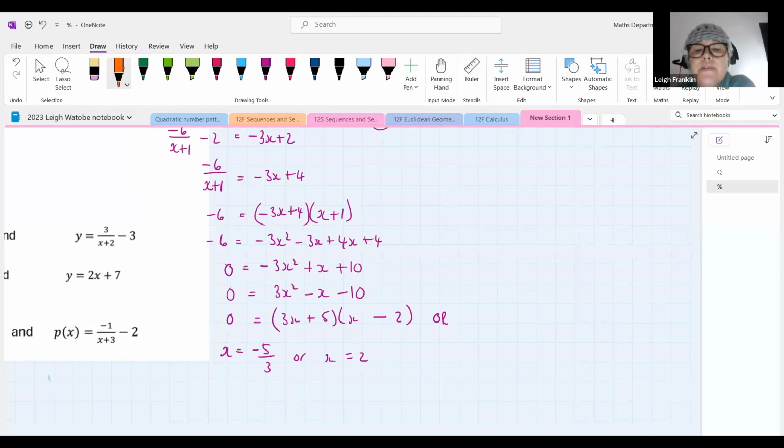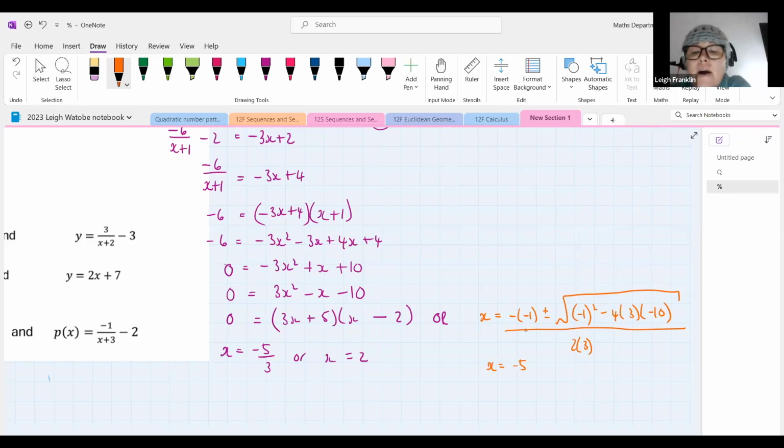So x equals -b plus or minus the square root of b squared minus 4ac, all over 2a. Let's just check I'm correct. And you'll end up with the same answers. So either x would be equal to -5 over 3, or x would be equal to 2.